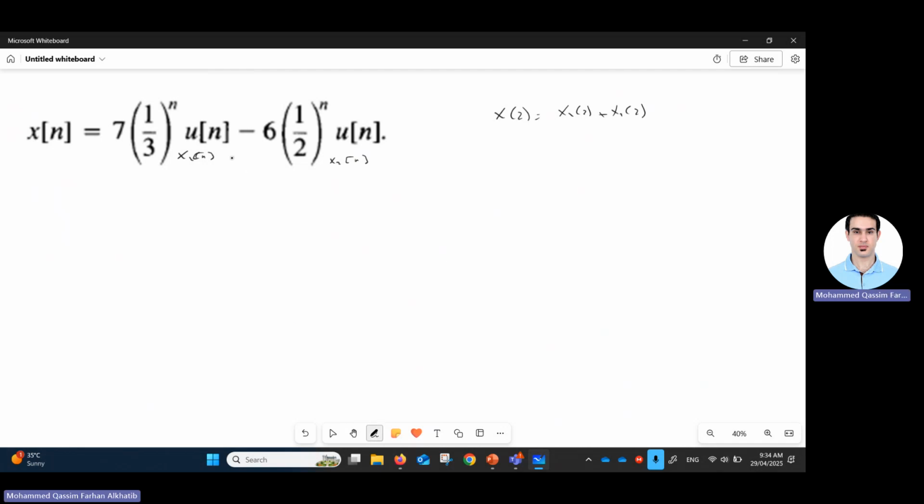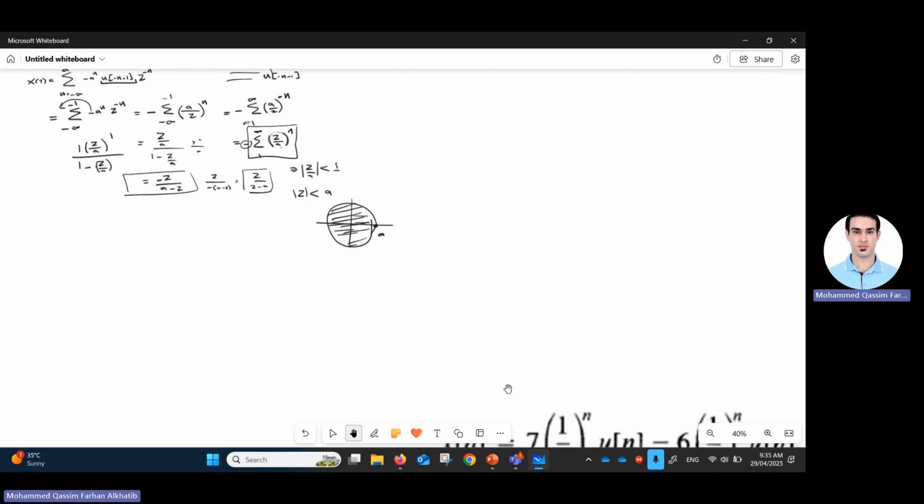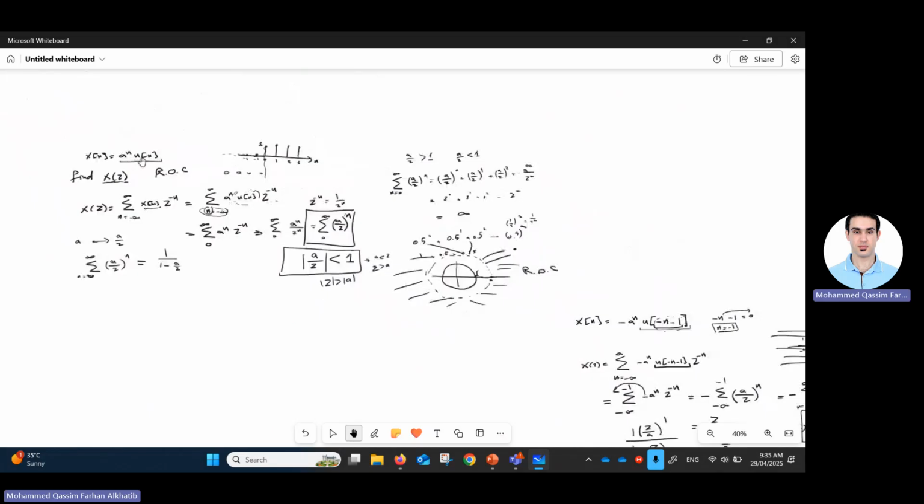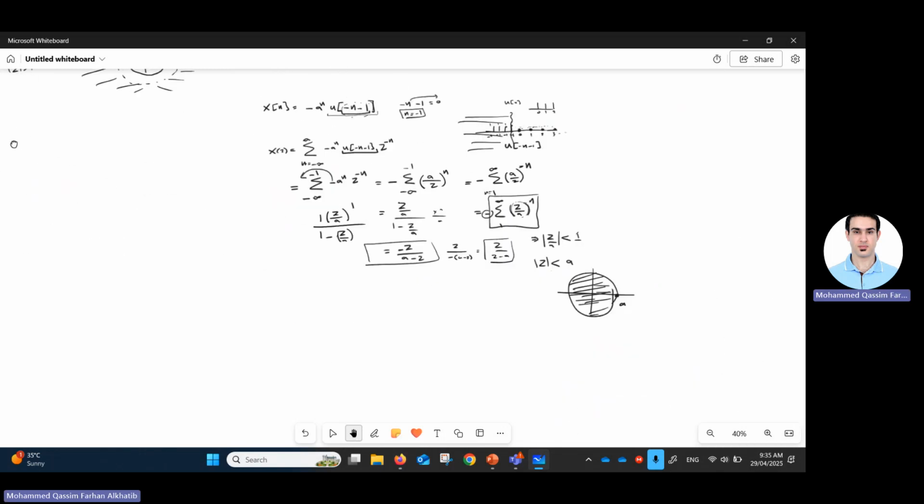Let's apply the transformation here. Actually, we don't even have to do it because we already found a to the power n u of n, and both of them are the same thing, right? Let me check what the answer was. I forgot. It was the first problem, right? Yeah, a to the power n u of n. The solution was 1 over 1 minus a over z.